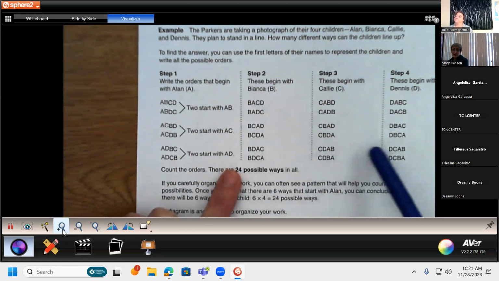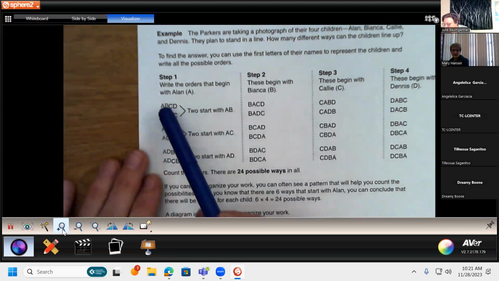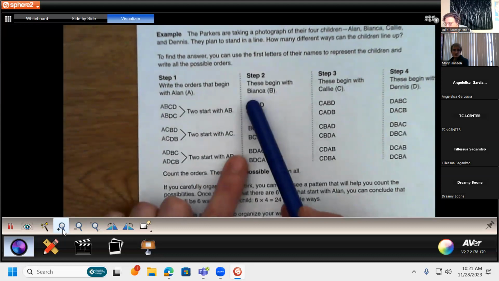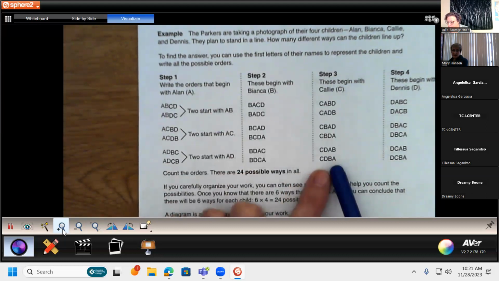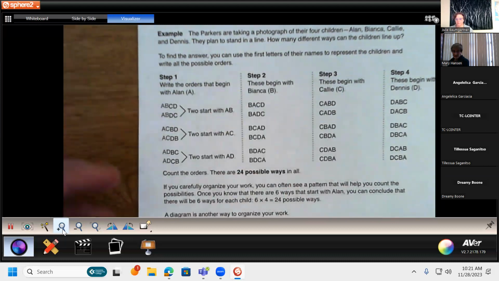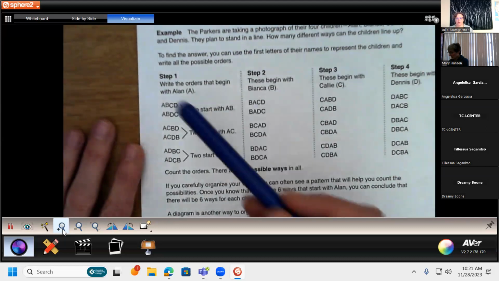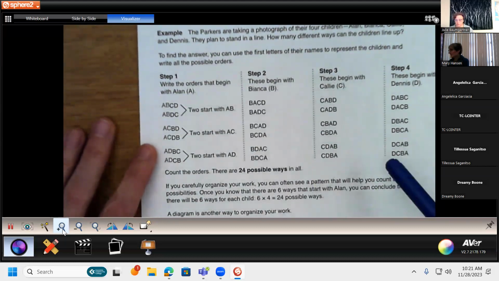And so then when you get done, you've exhausted all the possibilities because you've exhausted A standing first, you've exhausted B standing first, you've exhausted C standing first, and you've exhausted D standing first. There are no other ways. And so then you simply count up how many ways there are. There's 4 ways for each of the 4 kids.